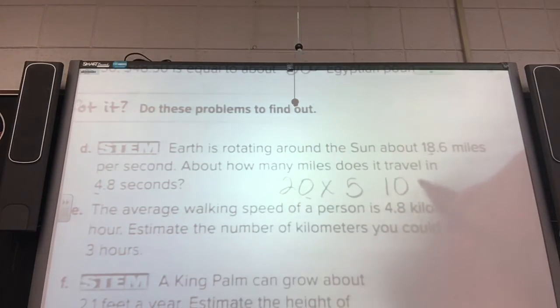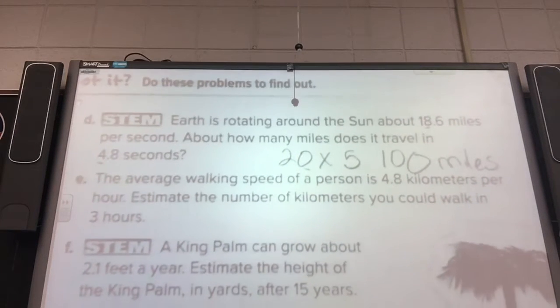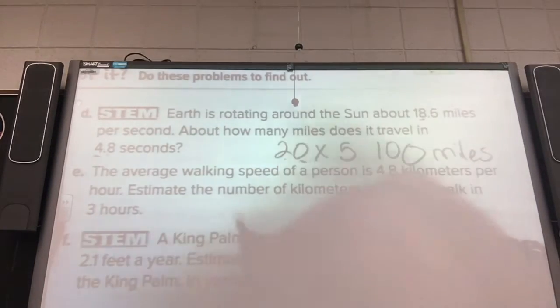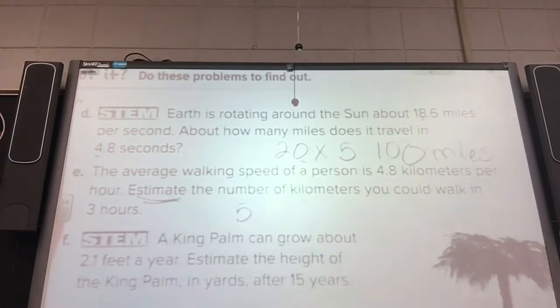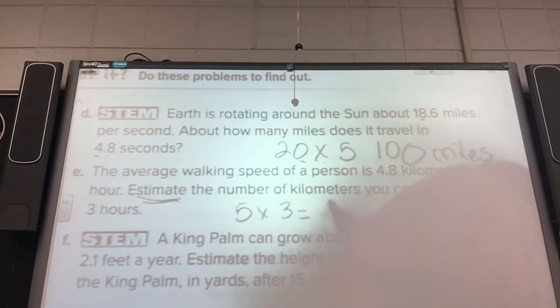Add your extra 0, about 100 miles. About 100 miles. The average walking speed of a person is 4.8. That would round to 5 per hour. Estimate the number of kilometers you would walk in 3 hours. So 5 times 3 is about 15 kilometers.